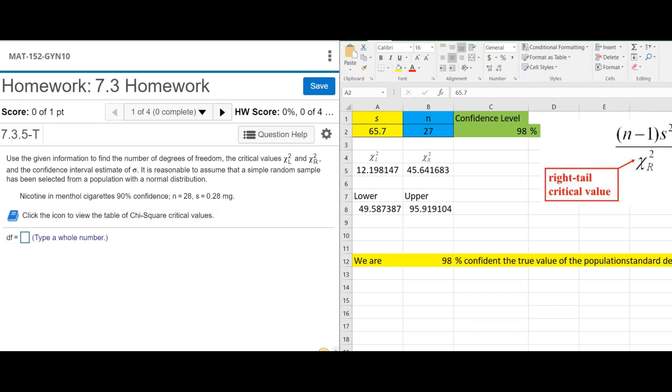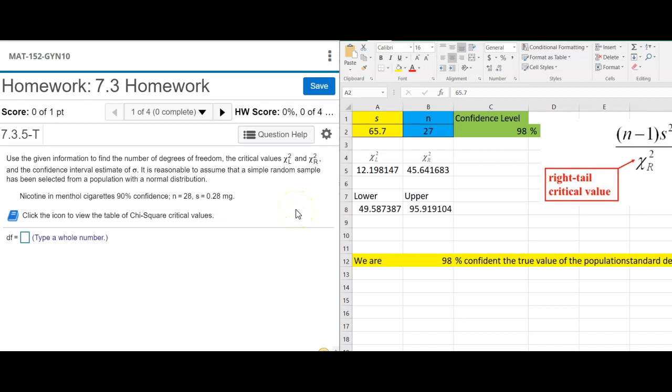Hey Stats class, we are going to go over our 7-3 homework using the Chapter 7 Spreadsheets, the confidence intervals calculator. In Chapter 7, instead of bell-shaped distributions like Z and T, we are dealing with what's called the chi-square distribution.